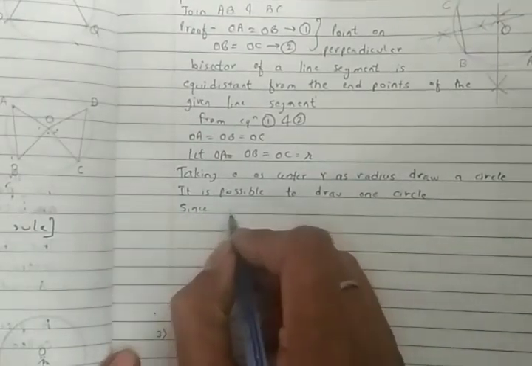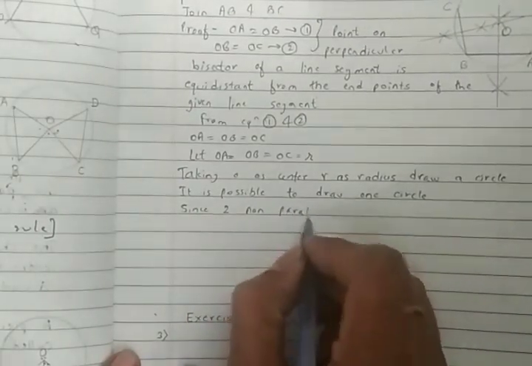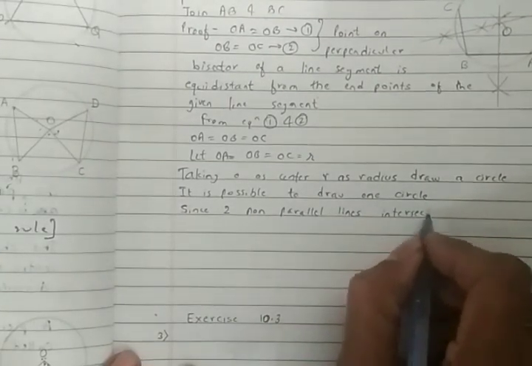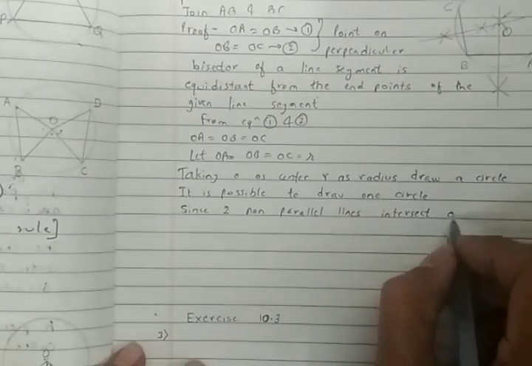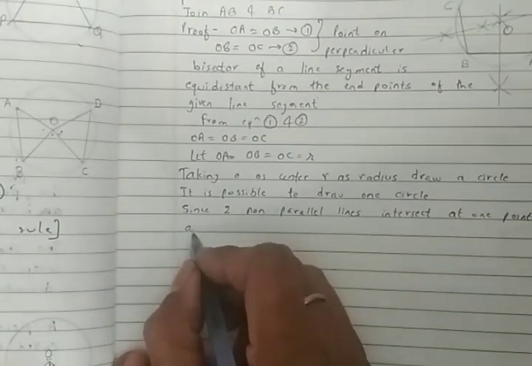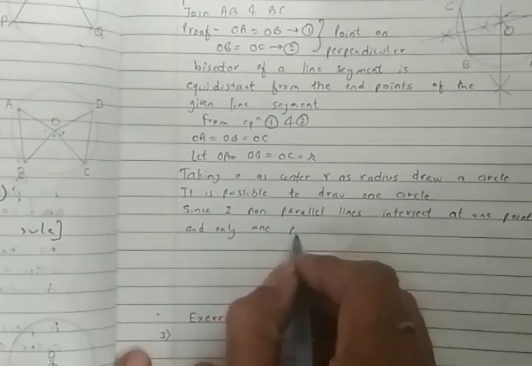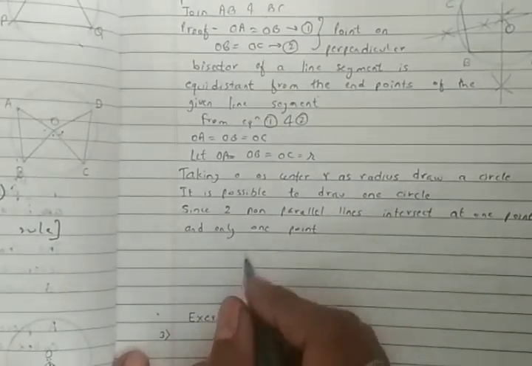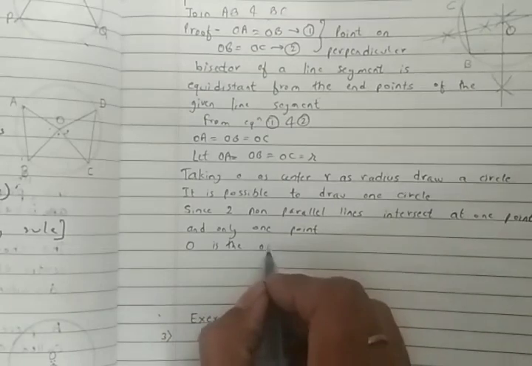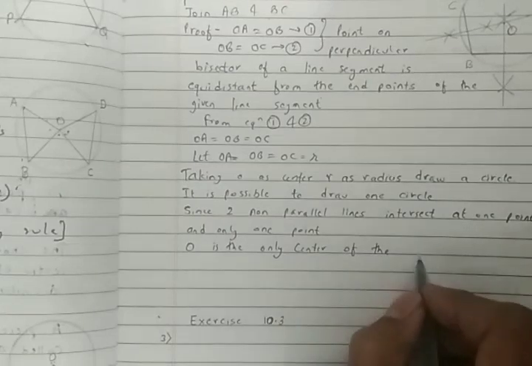We can write the reason. Since two non-parallel lines intersect at one point, and only one point. They can't intersect at 2 points. O is the only center of the circle.